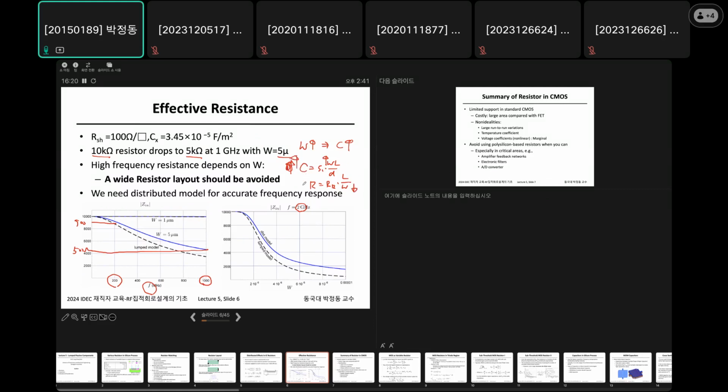Because of this reason, if you look at the resistance value as a function of width, it will affect quite a lot. So do not try to make a long routing line, and also do not try to make a long route line with a wider width.